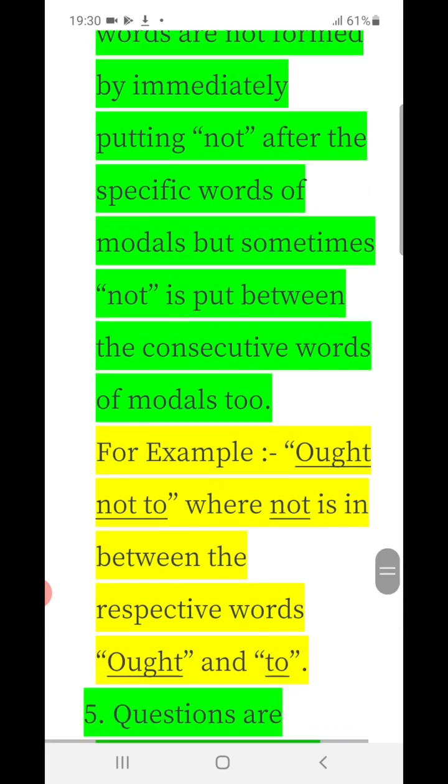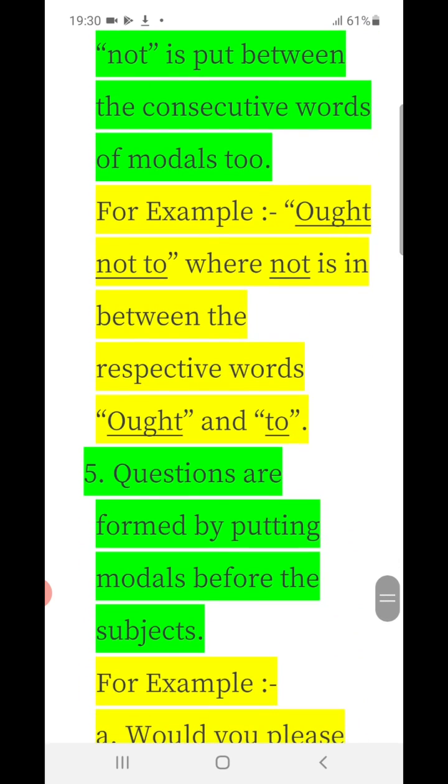For example, ought not to, where not is in between the respective words ought and to, unlike cannot, where not is after can and almost used as the same word, or we say cannot as a single word.